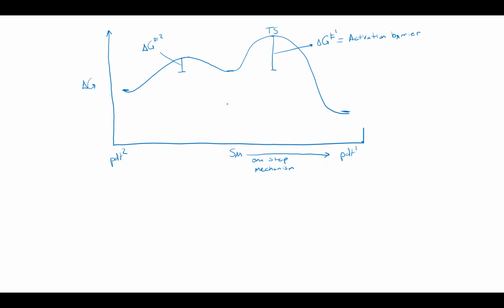So when we're measuring whether a starting material is kinetically stable, we're looking at these delta G dagger values. How high is the barrier of reaction? The lower that delta G double dagger is, the lower the kinetic stability.